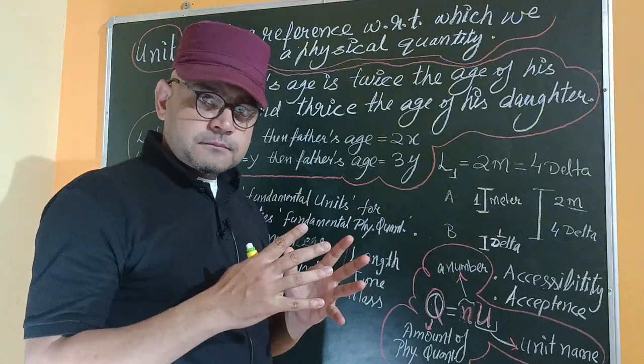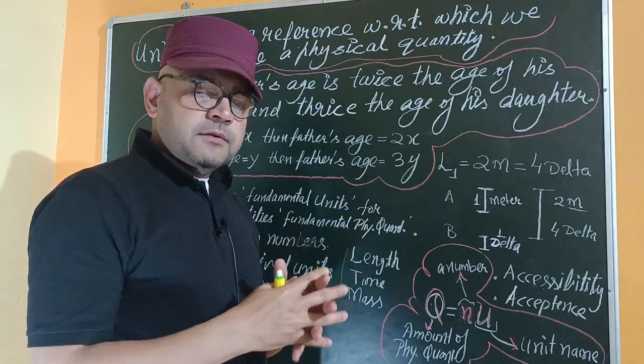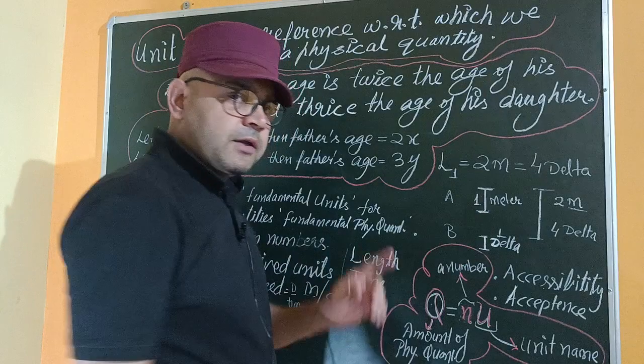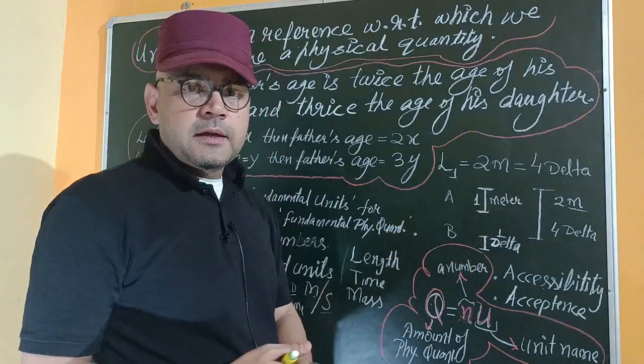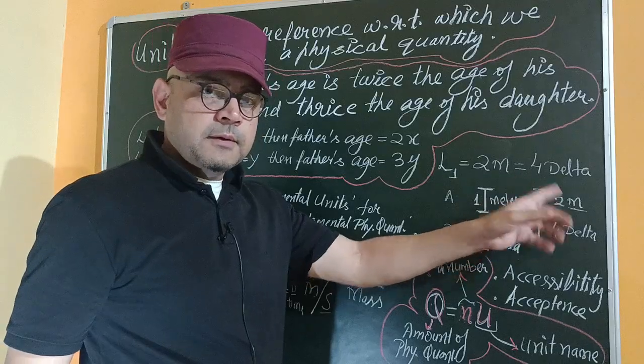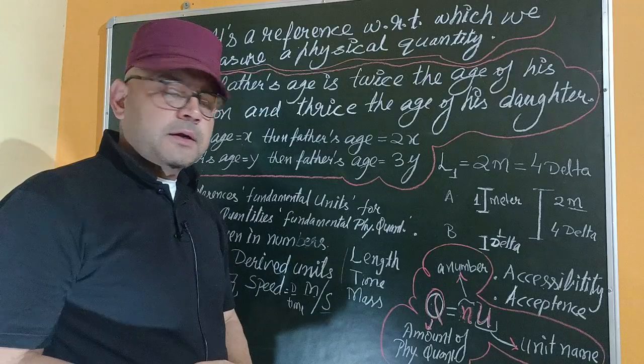All these are units. Based on what is considered as a reference, whether it is 1 meter or 1 centimeter, we decide to put the unit after the numerical value of a particular measurement for a particular physical quantity.